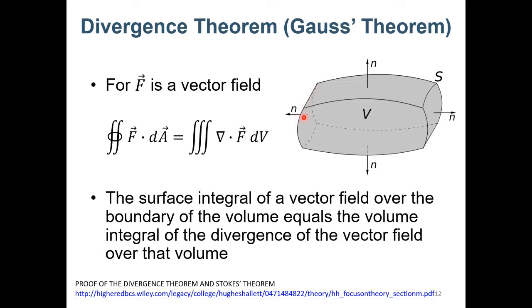The volume is enclosed by the surface on the left-hand side. But we need to have some trick between them. We need to take the divergence of F, and then take the triple integral, so that it will be equal to the original flux. So this is how it links the double integral to the triple integral.